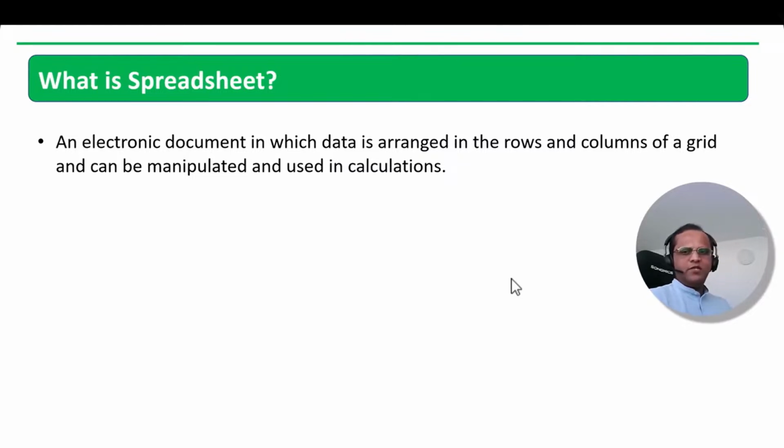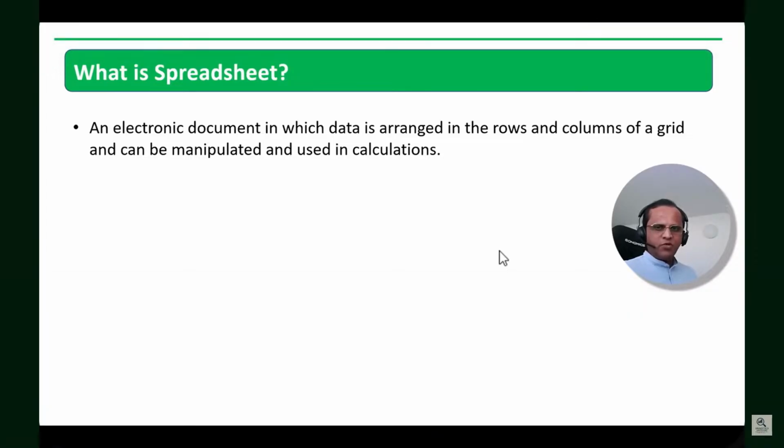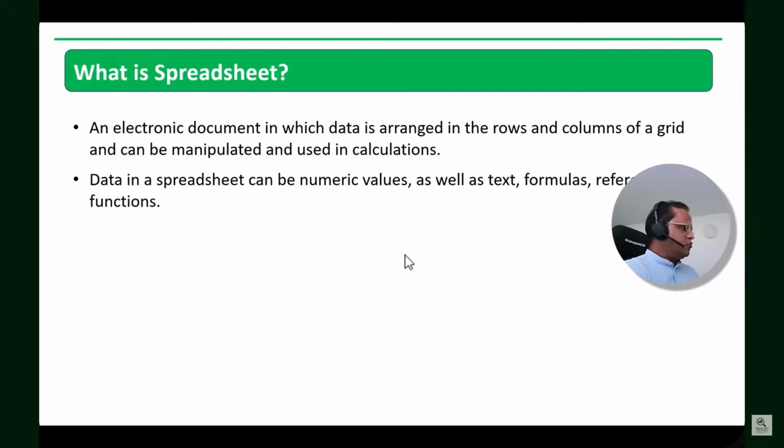So you can say that a spreadsheet is just like a table, and a table consists of rows and columns. The table is also known as a grid here. Whenever we want to put data in a table consisting of rows and columns, that kind of thing is known as a spreadsheet. Data in a spreadsheet can be numeric values as well as text, formulas, references, and functions.